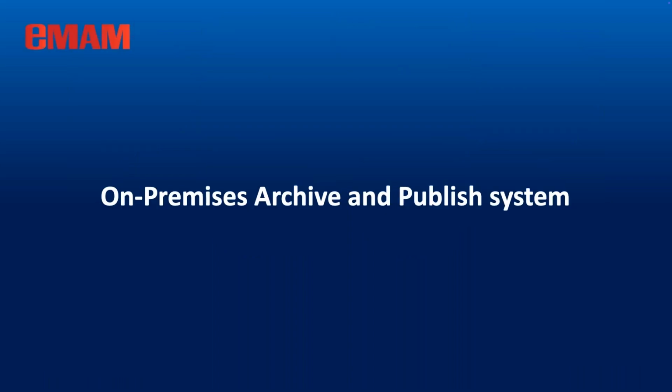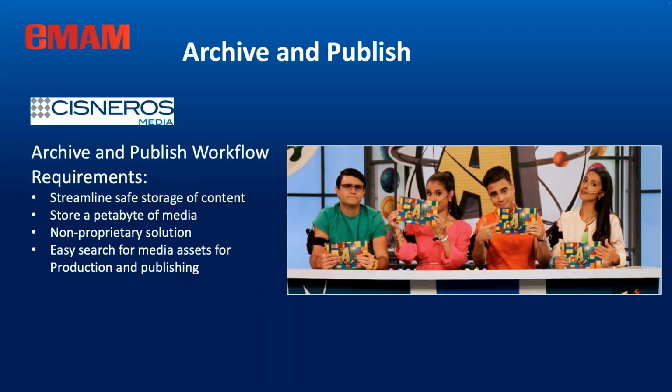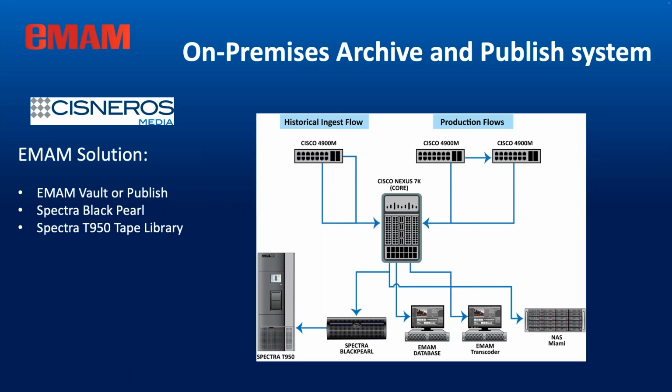Okay, so first workflow, again, on-premise archive and publish system. Cisneros is one of our accounts. They were looking for a system to safely store all their content. They have petabytes and petabytes of information, so they wanted to put it on a platform, be able to search for it, find it, grab the media, and then publish that content as well.